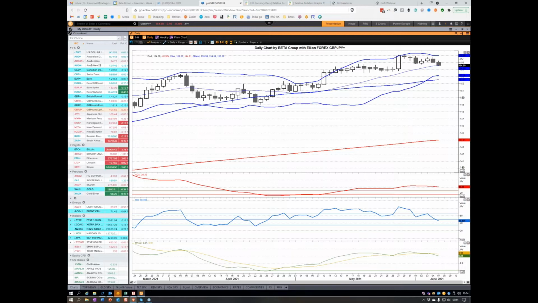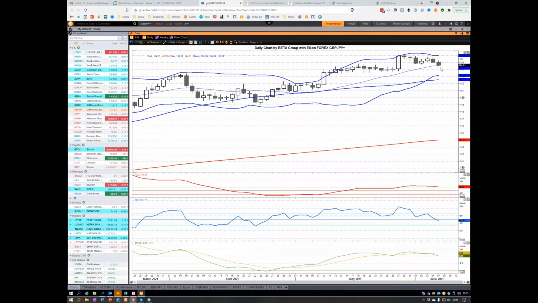At this moment, we're having a little bit of a pullback. The RSI has pulled back below 50. In this strong uptrend, we've got an ADX of 30 telling us the trend is strong. We're having a weak pullback, I think.